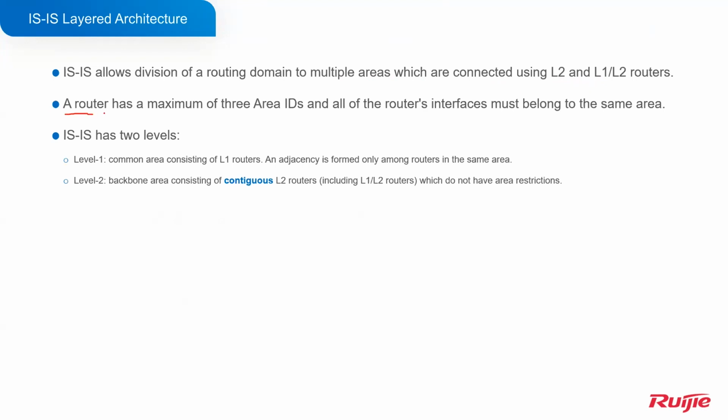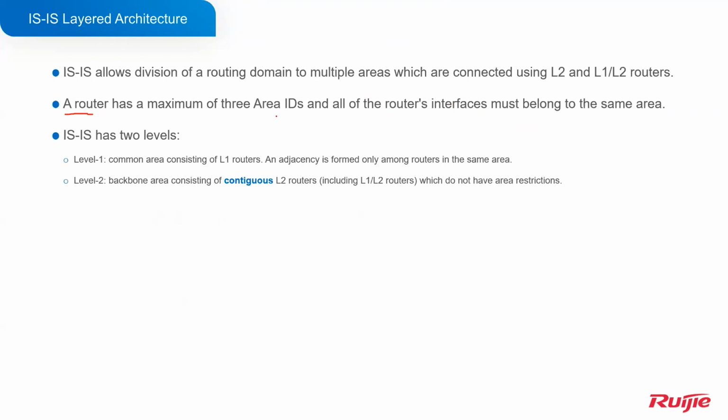And one router has a maximum number: you can configure 3 area IDs. And all the router interfaces must belong to the same area. This is a limitation, okay? But in one router, you can create more than 1 area ID, up to 3 area IDs. In which scenario do you want to use multiple area IDs?